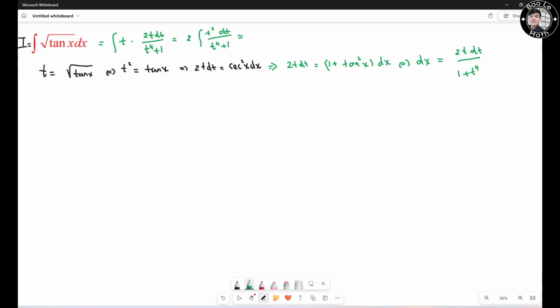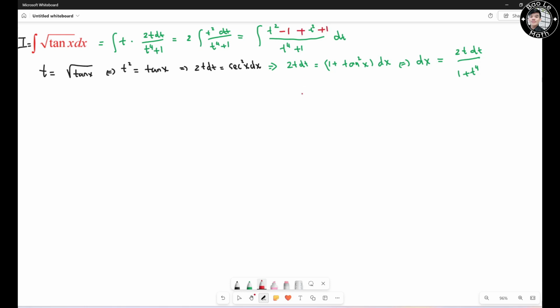I look at this and see the 2 t squared. So I rewrite this as t squared over t to the 4 plus 1 dt. Now I subtract 1 and then add 1.